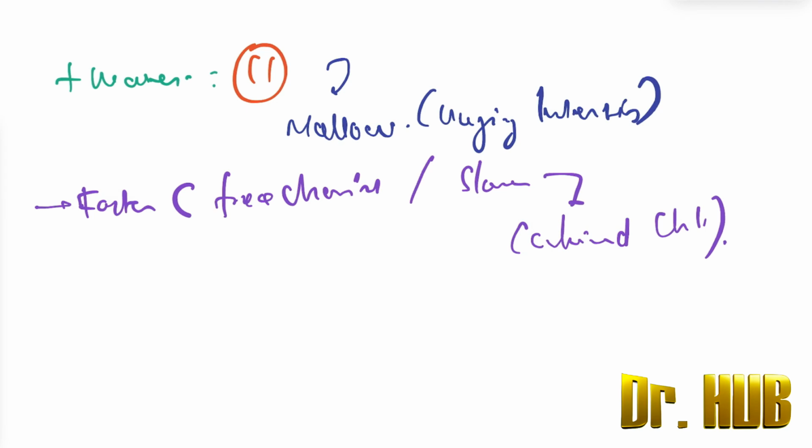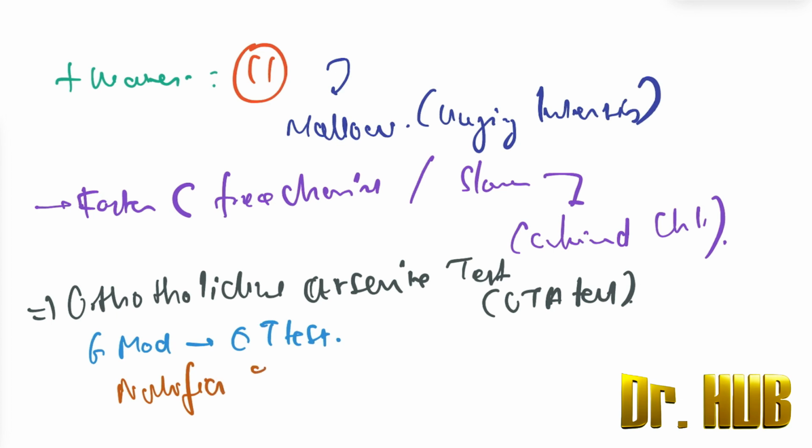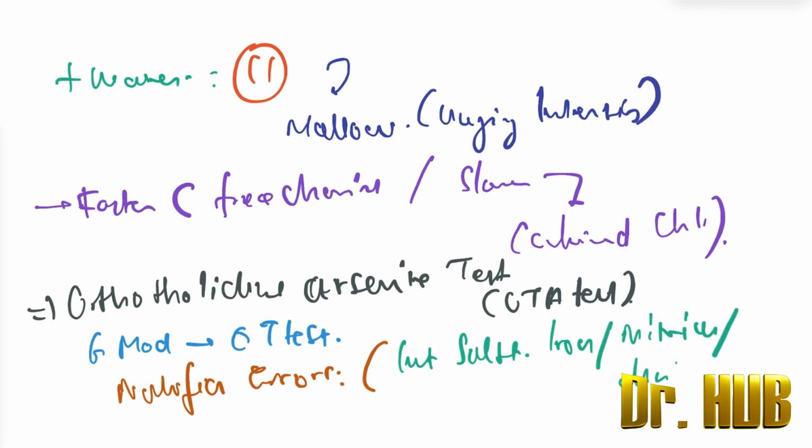Then comes the OTA test, the orthotolidine arsenite test. This is a modification of the OT test, and it nullifies the errors due to interfering substances like iron, nitrites, and manganese.